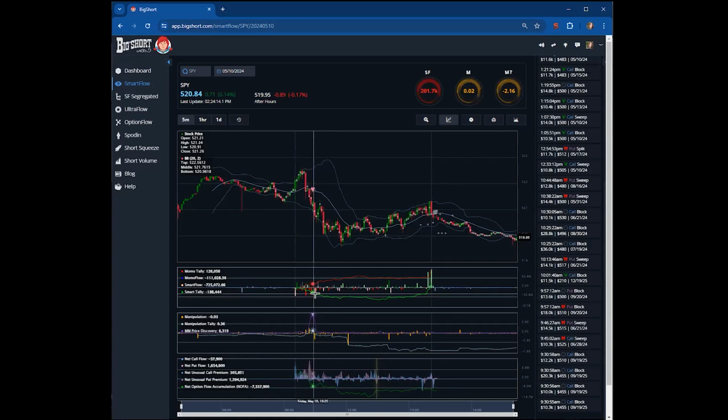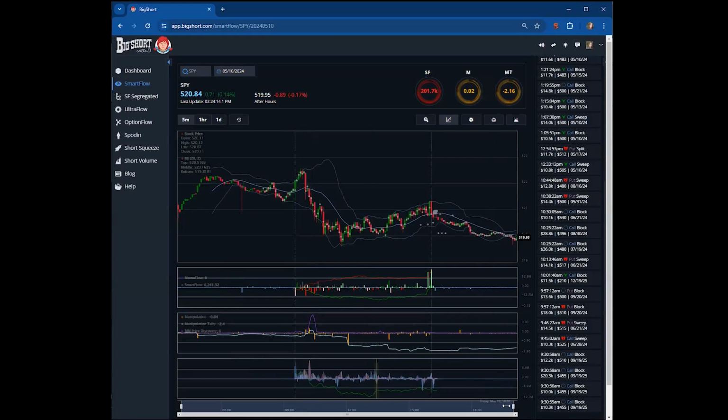Here, for example, we see this green line moving down while this red line is moving up. For SPY, because it's smart money controlled, I like to follow the direction of smart money. So when I see this divergence, I am following the direction of smart. And as you can see here, we had this bearish divergence with this green line moving down and this red line moving up, and we did see a corresponding drop in price.